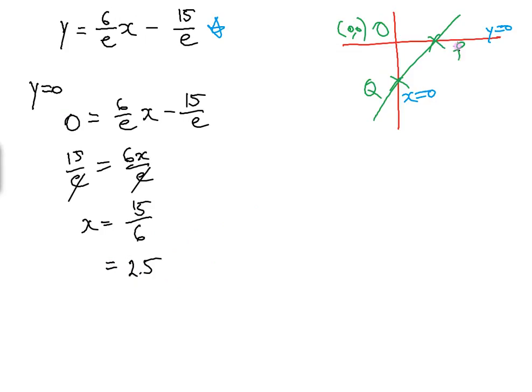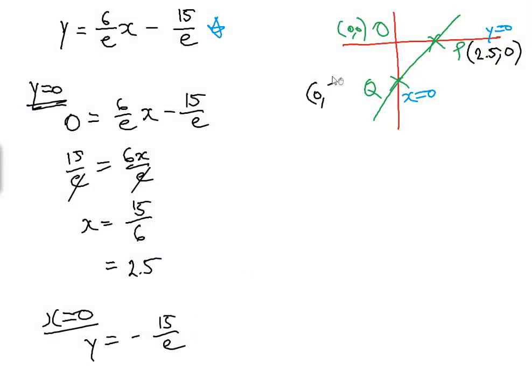So this coordinate here, P, is actually (2.5, 0). Okay, well, what about if x equals 0? Then what happens? Well, then y is equal to, this whole thing becomes 0, negative 15 over e. Easy, right? So this one is (0, negative 15 over e).